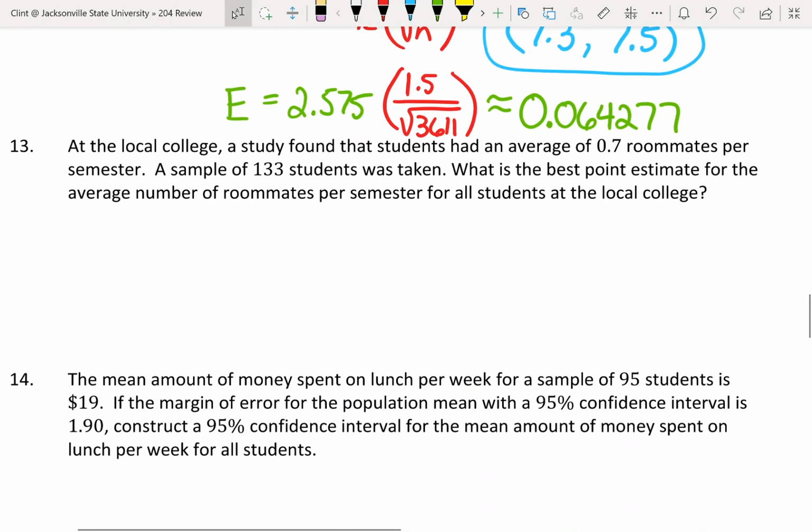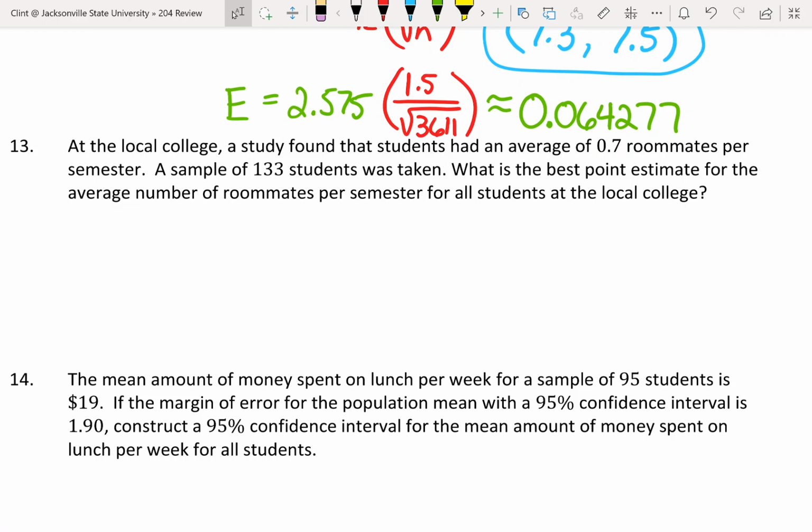Okay. 13 says at the local college, a study found that students had an average of 0.7 roommates per semester. A sample of 133 students was taken. What's the best point estimate for the average number of roommates per semester for all students at the local college? 0.7.